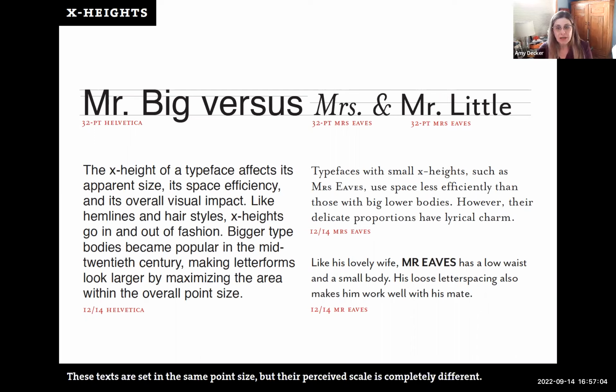And Mrs. Eves came into being in the 90s, when we were doing all that grunge typeface design, and we were kind of getting back to basics with Baskerville, looking at more calligraphic and humanistic design. So Mr. Eves and Mrs. Eves have this small X height, and it's purely a style decision.